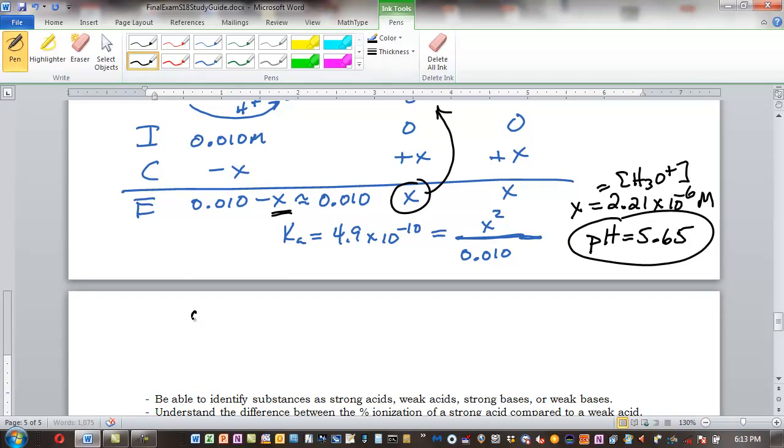So our percent ionization, in this case, the part that reacted is x. The whole amount is what we started with, the initial. Multiply by 100 to get a percentage. And when you do these calculations for the final, you should keep more sig figs than are given in your answer.